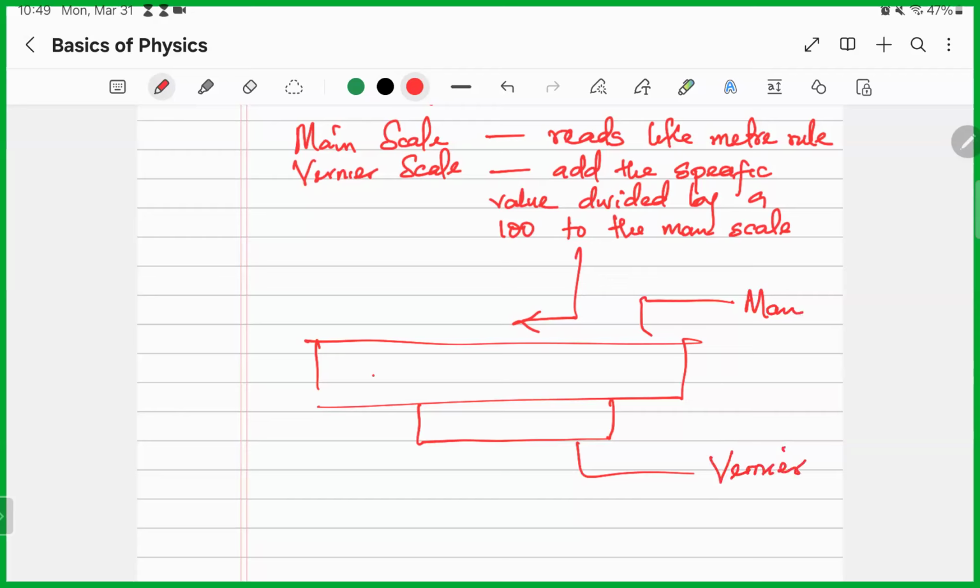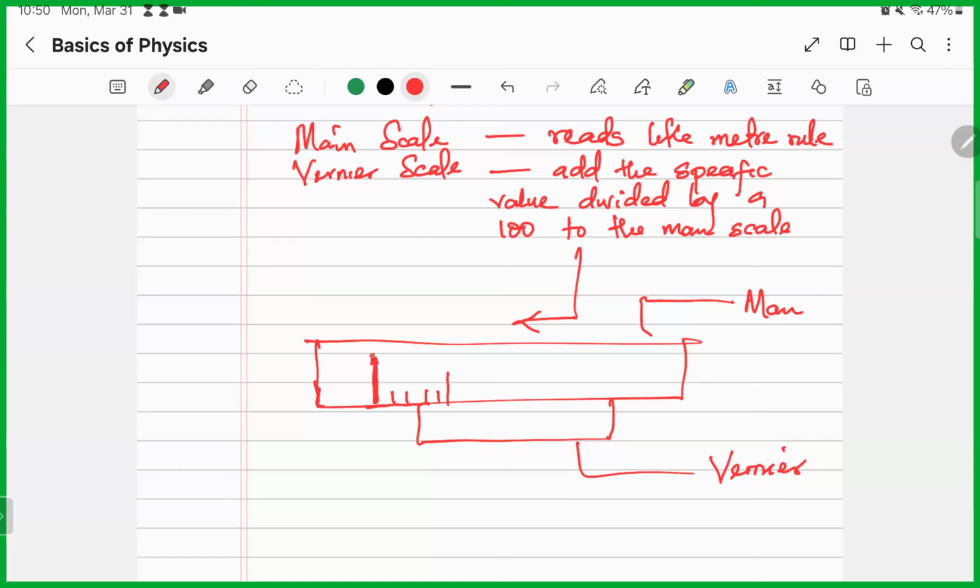Now, say you have 1 here and you measured something. Let me adjust that so we can be more realistic. Say you have 1, 2, 3, 4, 5.